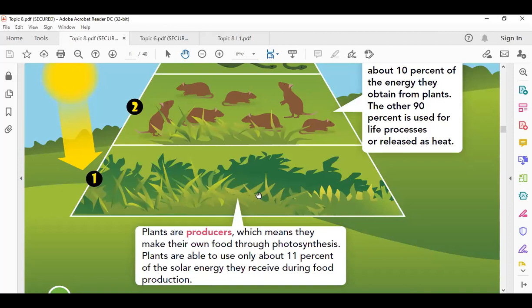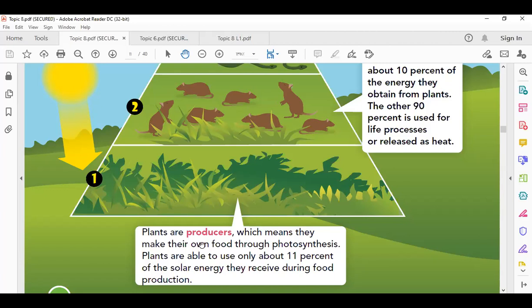In water or in the ocean, there are microscopic organisms called phytoplankton. They are producers because they take energy from the sun to make their own food.